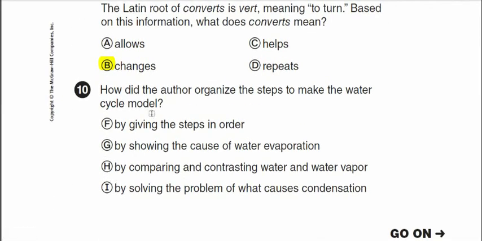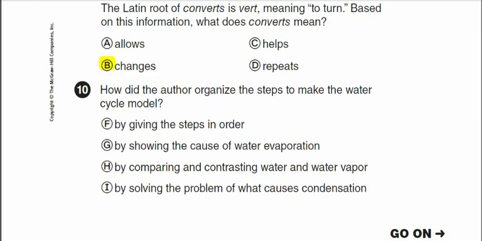The last question we have. How did the author organize the steps to make the water cycle model? The choices: by giving the steps in order, or by showing the cause of water evaporation, or by comparing and contrasting water and water vapor, or by solving the problem of what causes condensation.